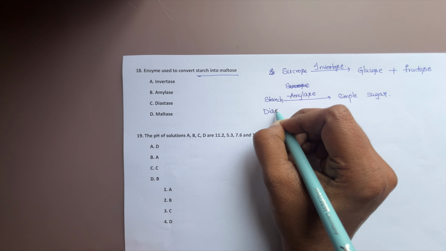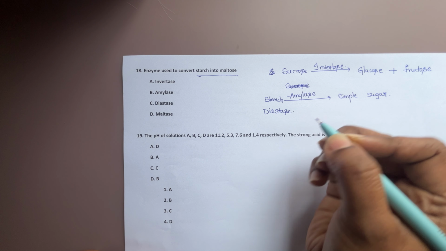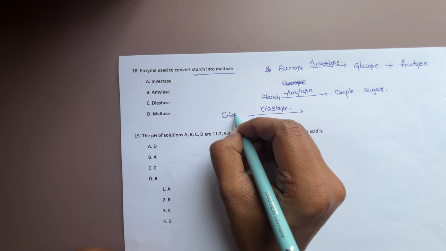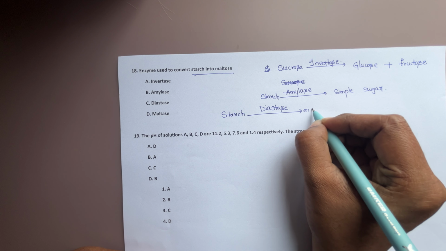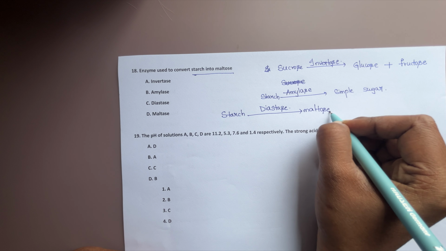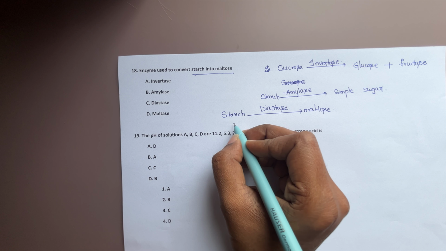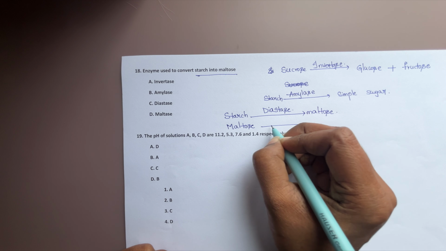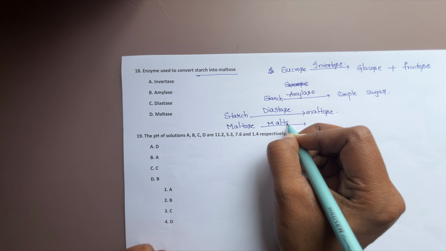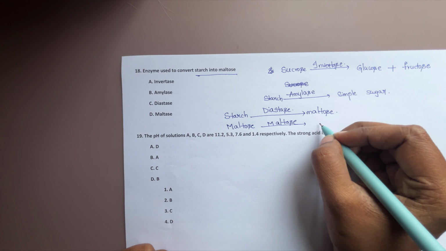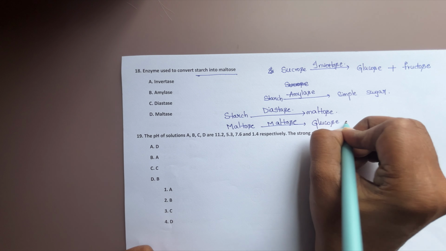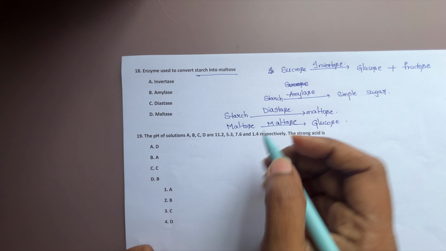Diastase. In this case, diastase is used to convert starch into maltose. And maltase is used to convert maltose into glucose. Maltose is a sugar, maltase is an enzyme. Why am I telling all these things?